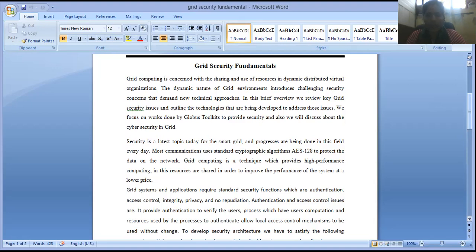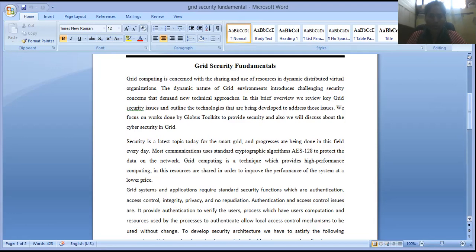Okay, in brief, we overview the key grid security issues and outline the technologies being developed to address those issues. There are some issues which arise nowadays, and to resolve them we are day by day enhancing our security using various technological approaches.